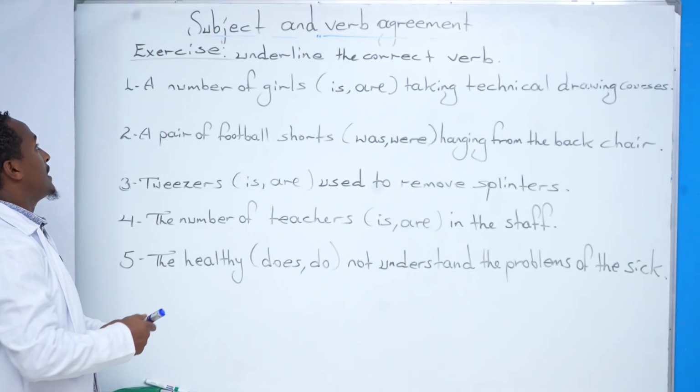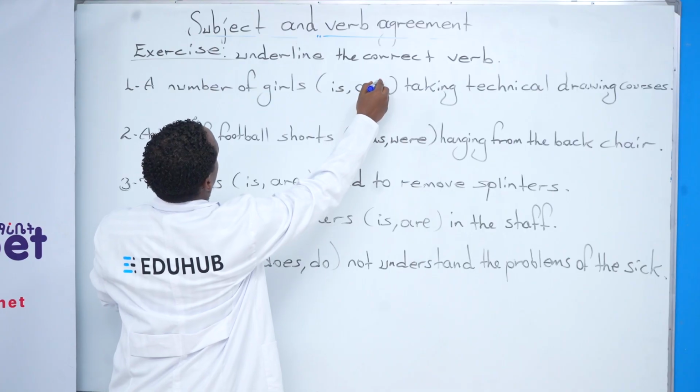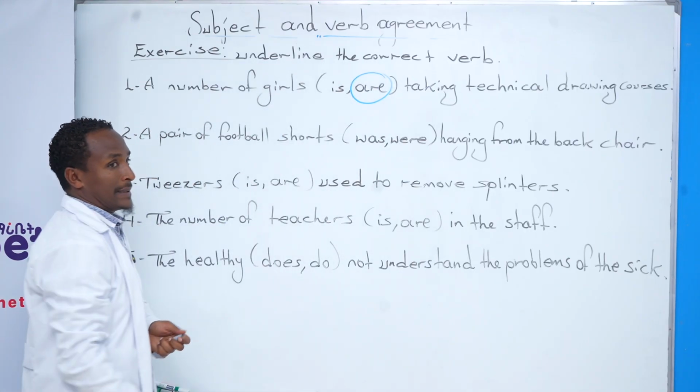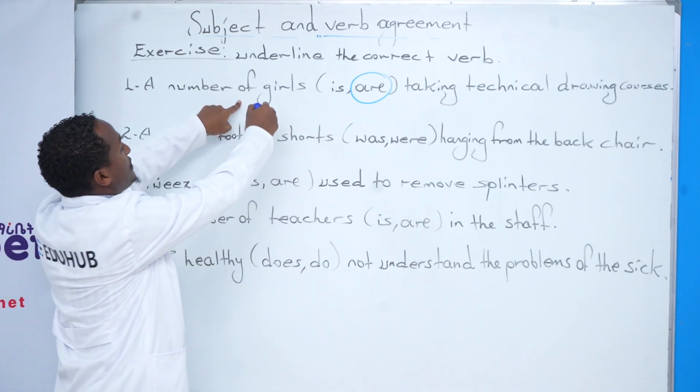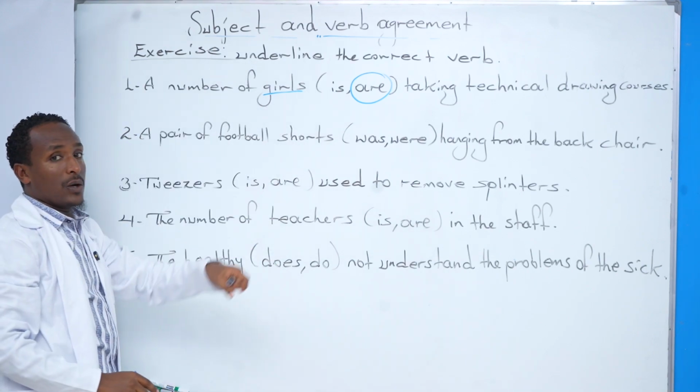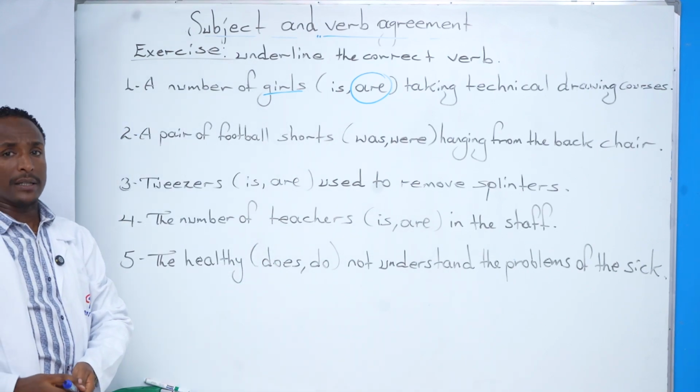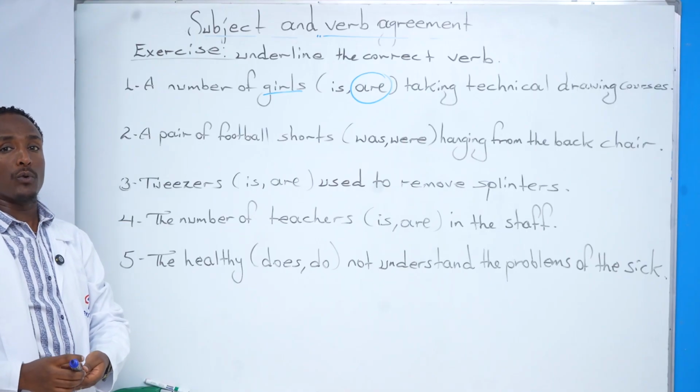If your answer is are, you are correct. Why? Because a number of comes with a plural noun, meaning this noun is used as a plural subject. So the answer must be a plural verb.